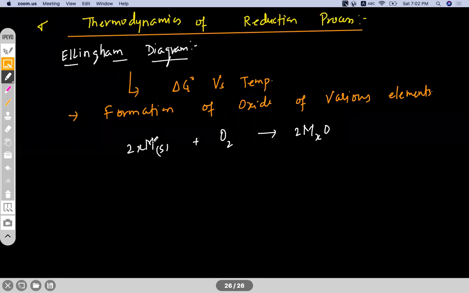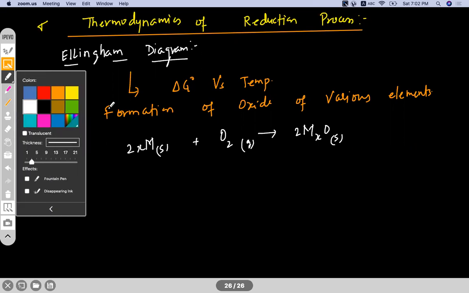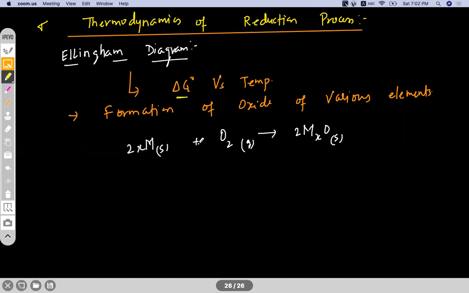So you see here what happens. This oxygen is a gas, and it is converting into solid. Since we have the graph of delta G naught and temperature, could you tell me what the change in entropy could be in this reaction? Delta S naught, greater than 0, less than 0, or 0?